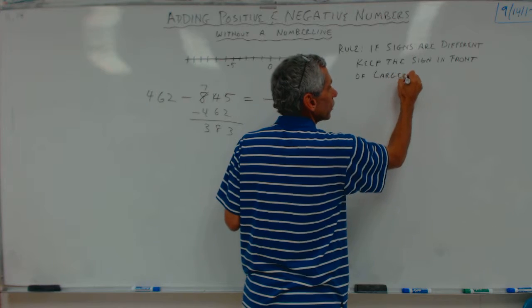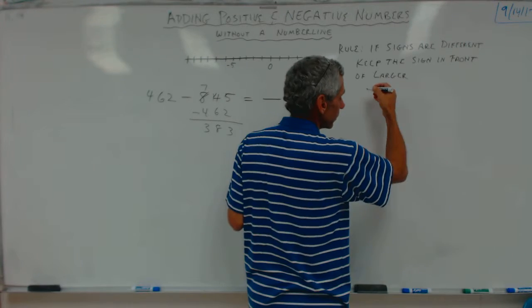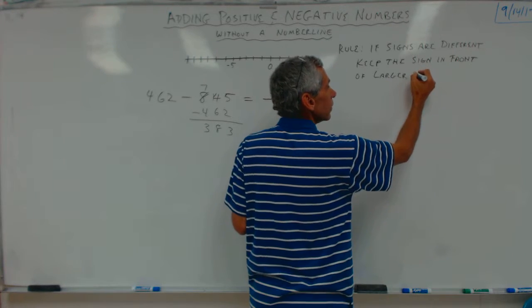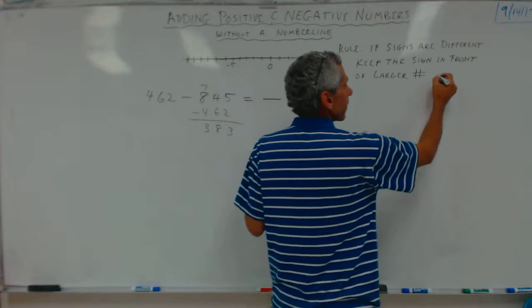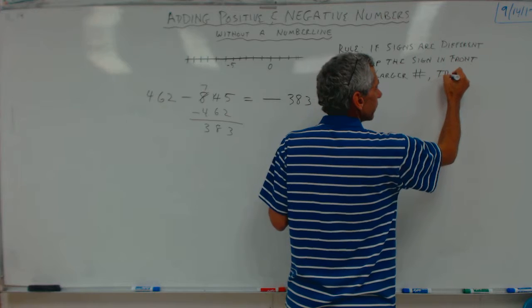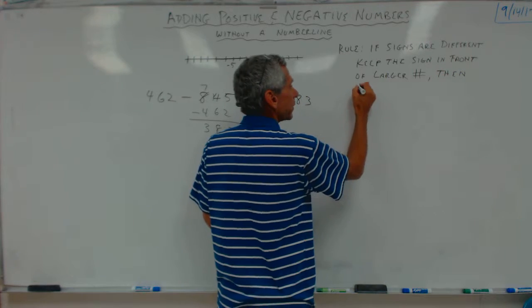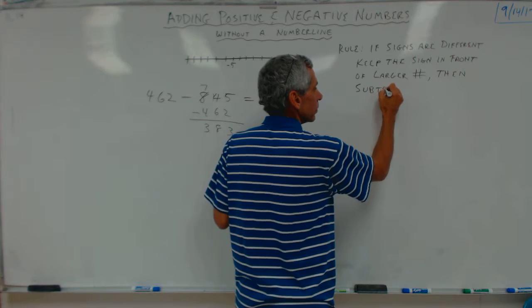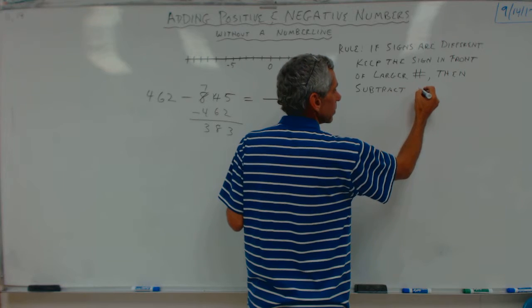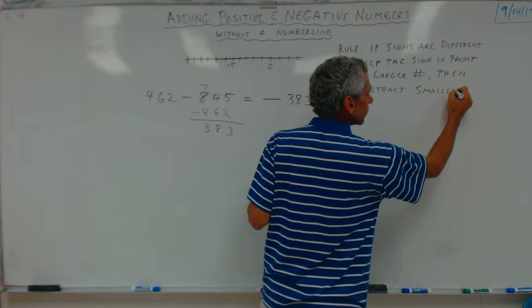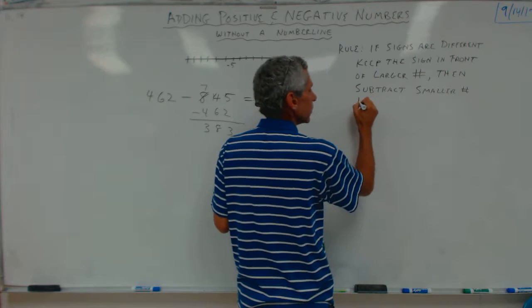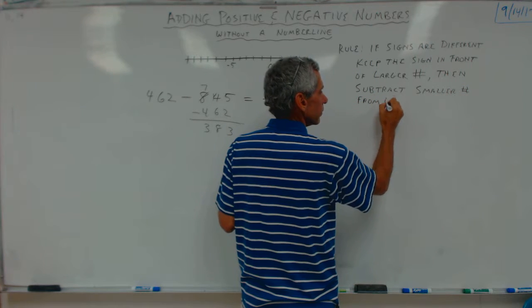Technically, I should be saying the number with the largest absolute value. The larger number, I'm going to use that for number. Then subtract the smaller number from the larger. Does that make sense to you guys?